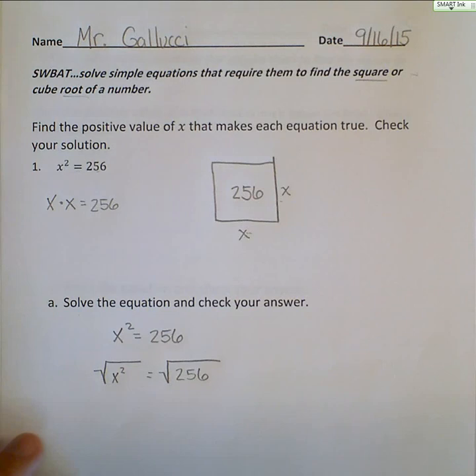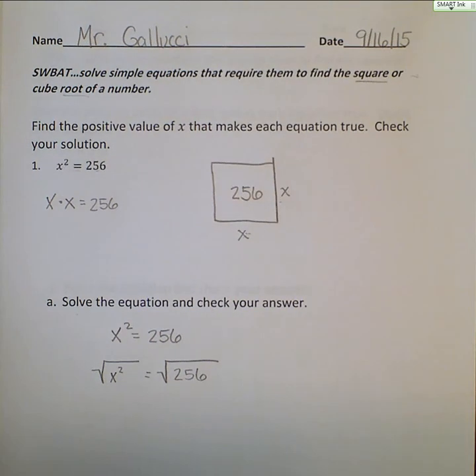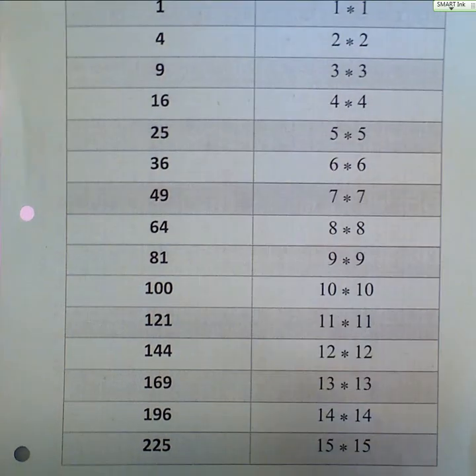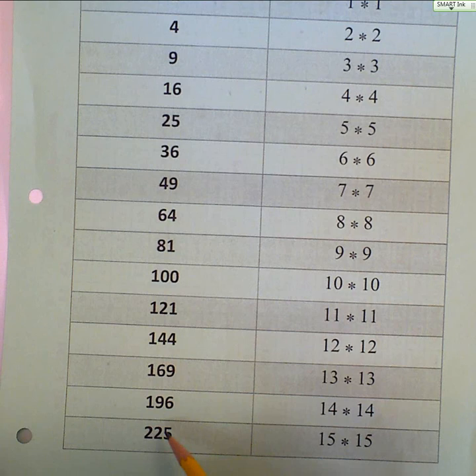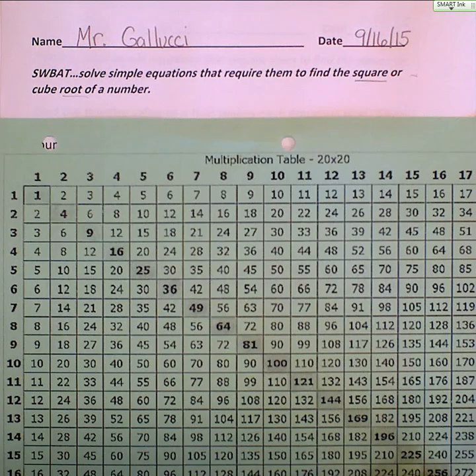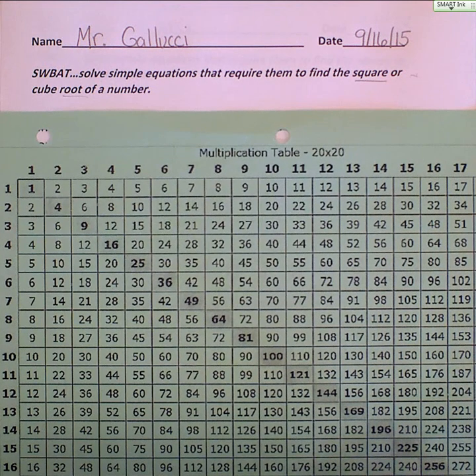In order to solve this problem, we need to know which number times itself is 256. If I look on my perfect squares list, I see the biggest value we have is 225. So I can turn it over and notice, oh, right here.